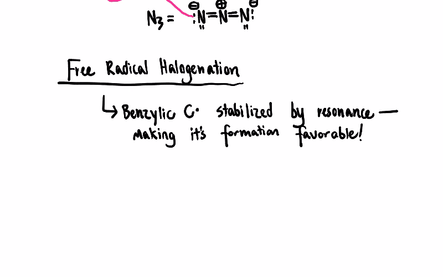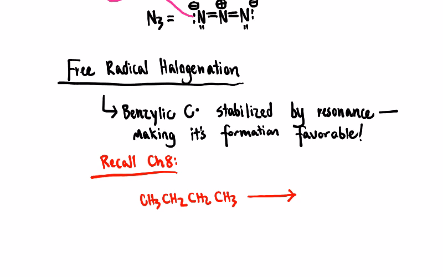And so if we think back to chapter 8, what we saw was that if we took an alkane, such as butane here as an example, and we reacted that with chlorine, Cl2, in the presence of light and heat, the light and heat there is absolutely essential because that's what's going to be used to generate radicals.